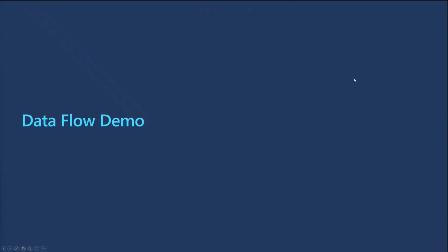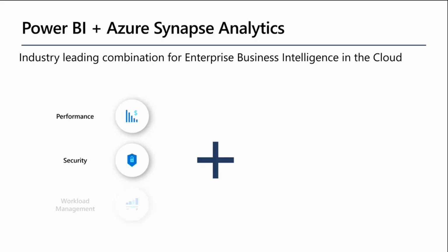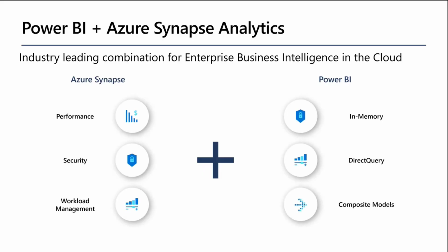Now, let's go into the next piece and talk about the Power BI service. The Power BI service can be now integrated directly with Azure Synapse Analytics. We can use the performance, the security, the workload management of Synapse, plus the in-memory, direct query, or composite model capabilities of Power BI together.